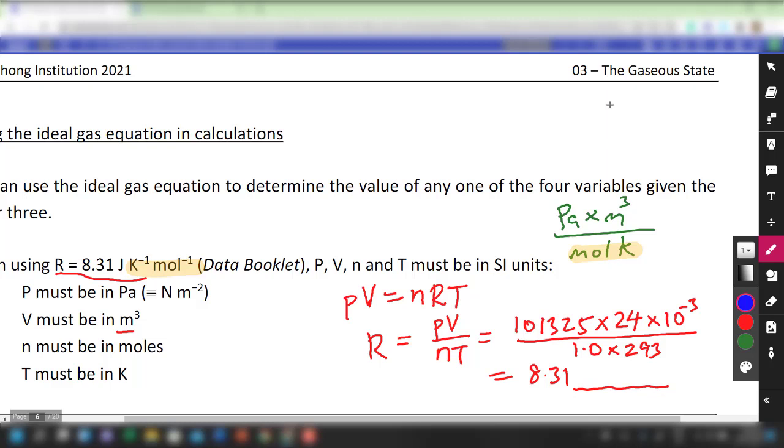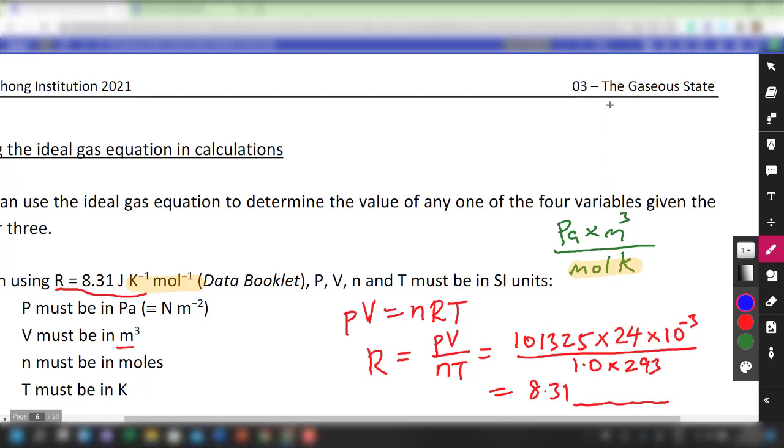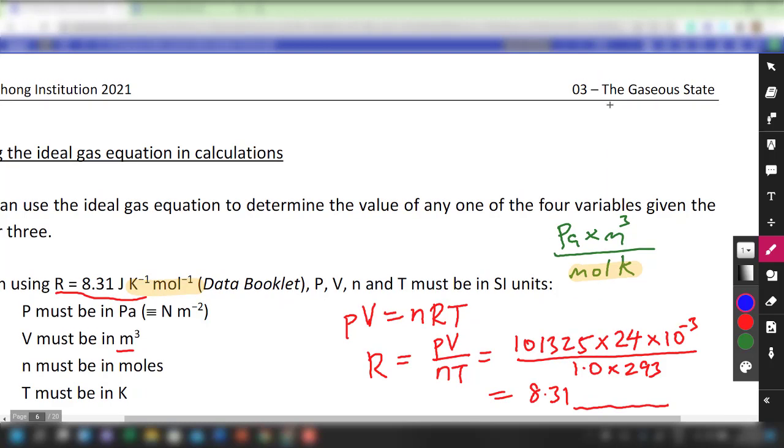Pressure is the force applied per unit area. Force in this case is in newtons. So if we convert this to Newton per square meter, so that's meter to the power of -2, then multiply it by cubic meter, we are going to get a Newton meter.